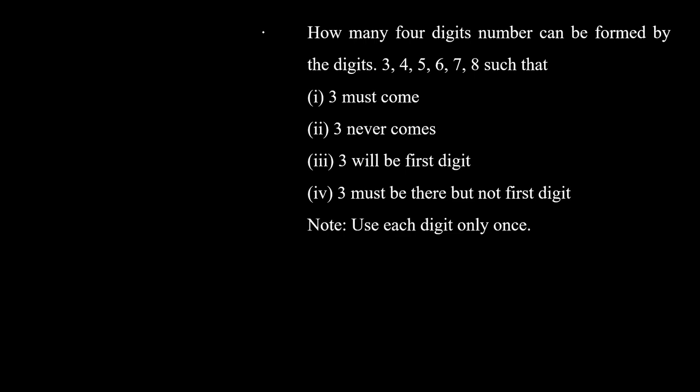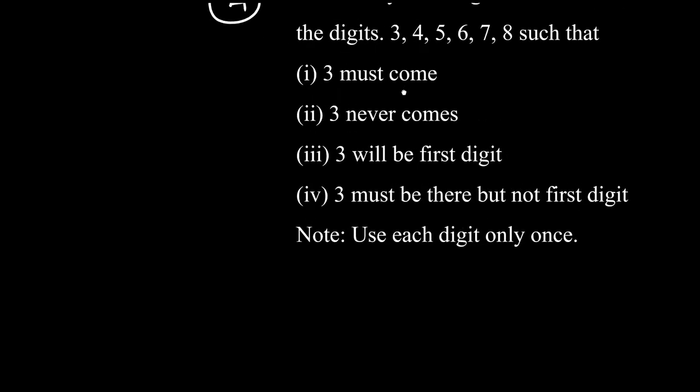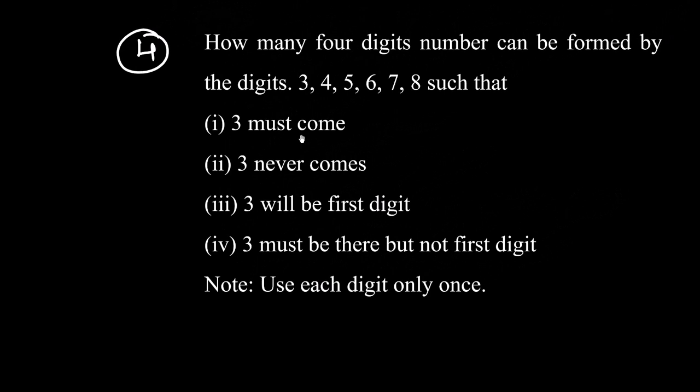Now this question, I have given 4 questions internally. Everyone try this. I'll give time. Notice the last point: use means only once, that is, repetition not allowed. Now, if you do the 4 questions one by one, you may get full clarity regarding permutation.